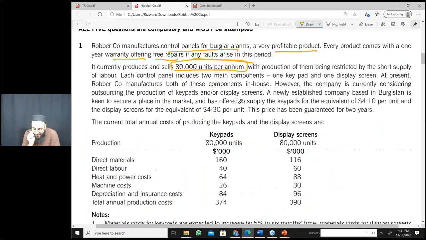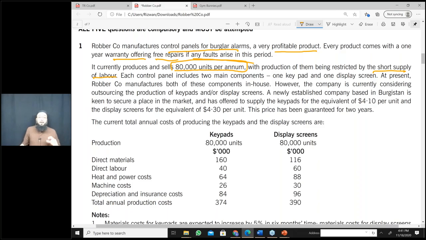With production of them being restricted by a short supply of labor. Now this point is the one that is giving you the idea of limiting factor. In fact, this was confusing you, because one would read this without reading the requirement. Just imagine if you haven't read the requirement, and you are just reading the scenario, by this statement you will get confused.